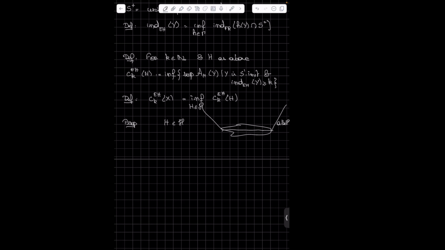Then we can redefine the k-th Ekeland-Hofer capacity of H to be the infimum over numbers C such that the Ekeland-Hofer index of the sublevel set of the action functional, all the points in H1/2 such that AH is less than or equal to C, is at least k.